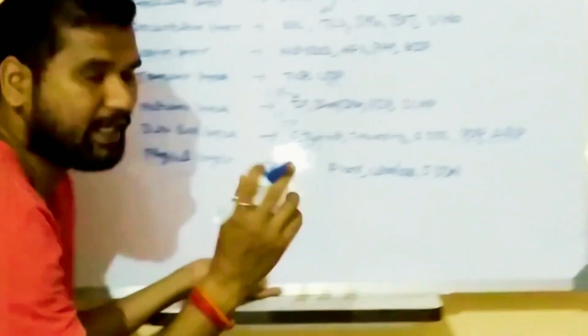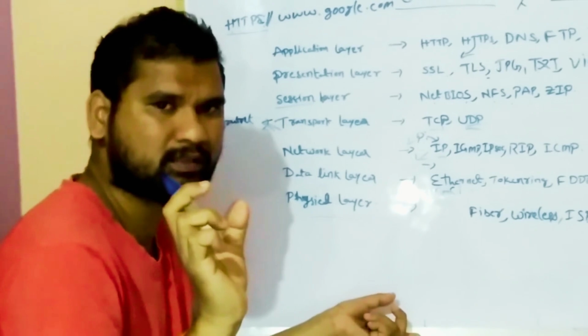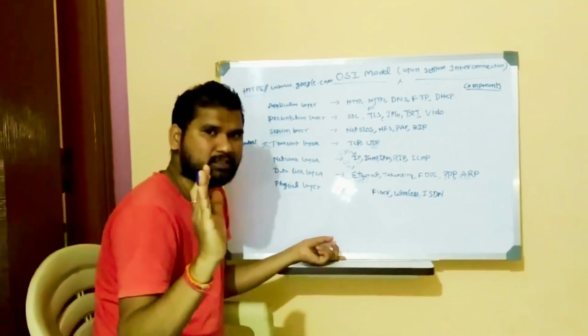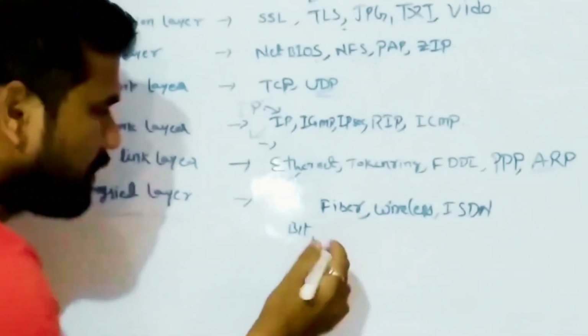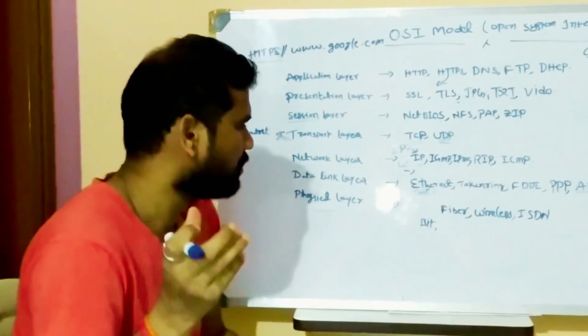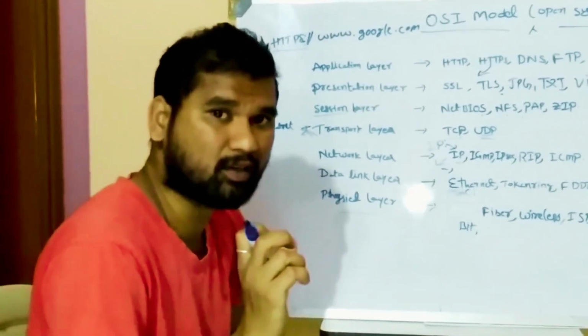In the physical layer, the data is transferred as zeros and ones, meaning it is converted bitwise. The components used here are fibers, wireless, and ISDN.